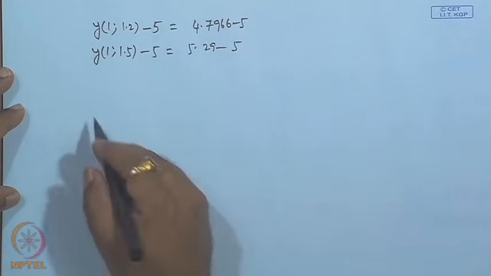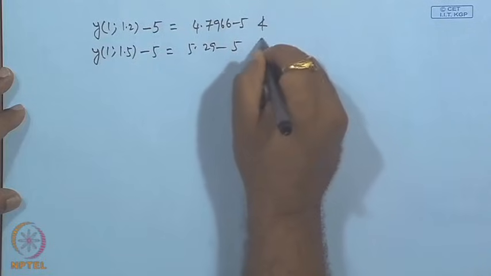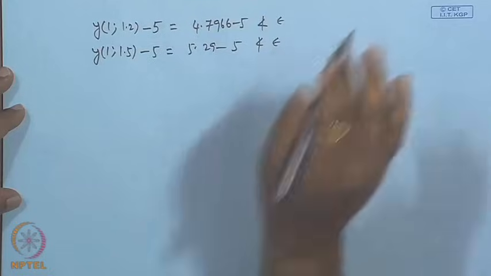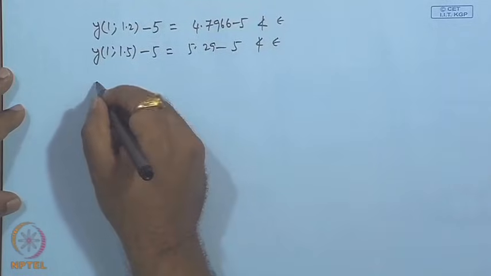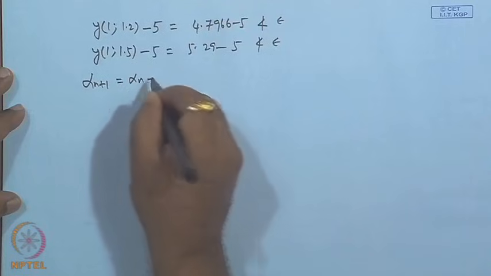Okay. So, assuming both are not less than epsilon, let us say. Now, let us define the secant method.